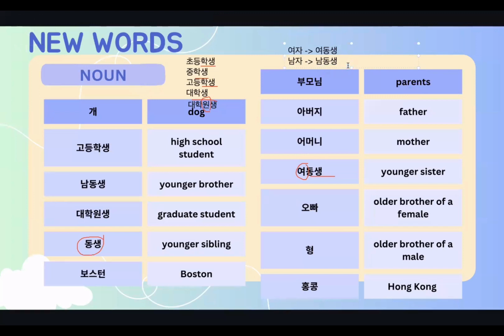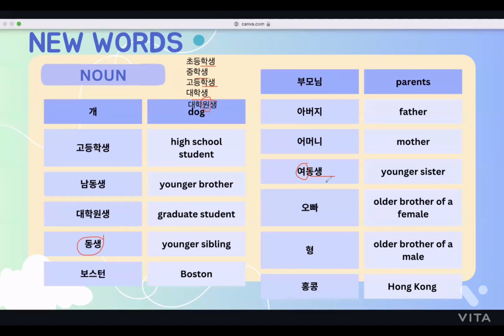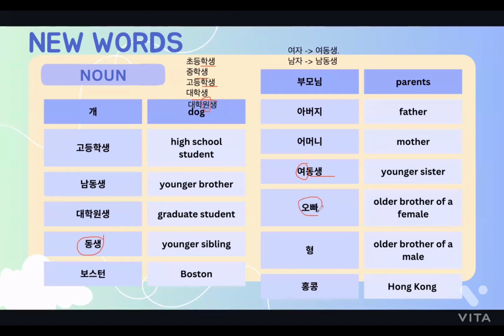Then what about if you have an older sibling? 자, this is a very interesting part. So if you are female and you have an older brother, then you should say 오빠라고 해야 됩니다. 오빠. But if you are male and you have an older brother, then you should call him 형이라고 해야 합니다. So whether you're female or male, how you call your sibling is quite different.